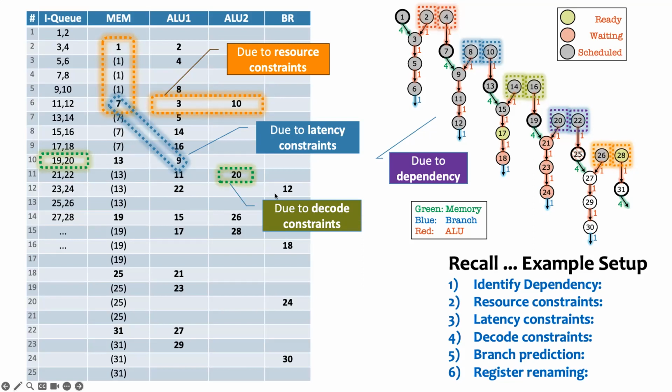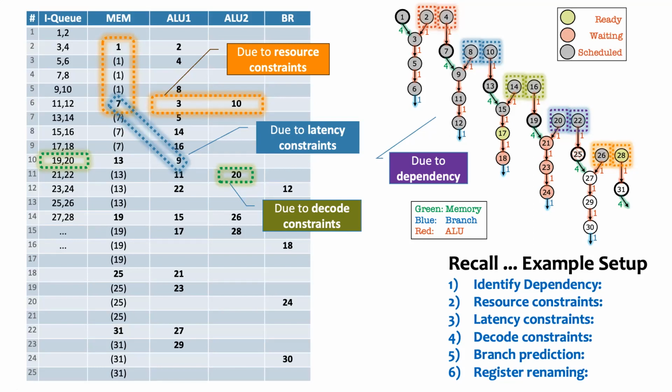If there's no constraint on the instruction queue, if we have an unlimited size instruction queue and an unlimited issue width, then we could have run 20 much earlier. But because we have a two-way or two-issue processor, and we are fetching these instructions in order, we have to delay the execution of 20 until we have fetched it in the cycle before. But really, every instruction follows this rule. They need to wait for themselves to be decoded before execution.